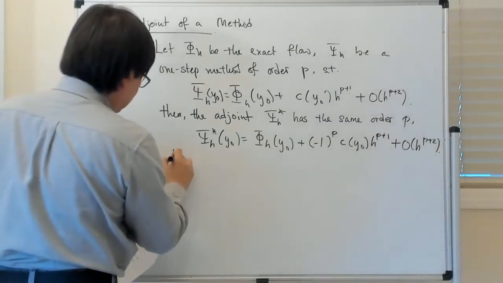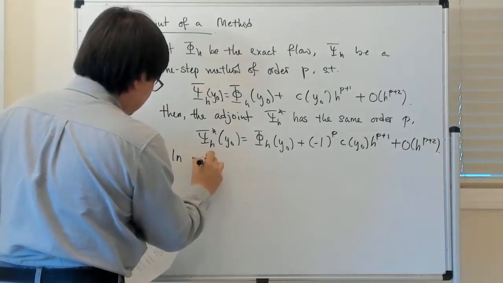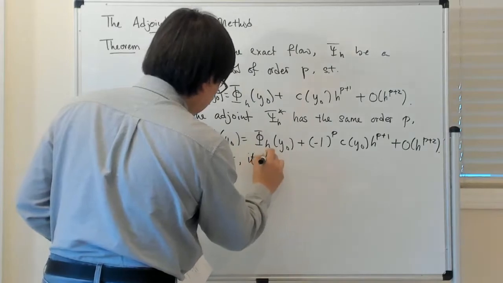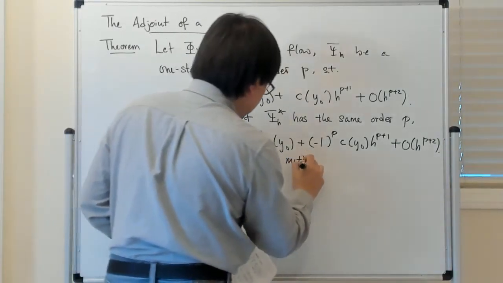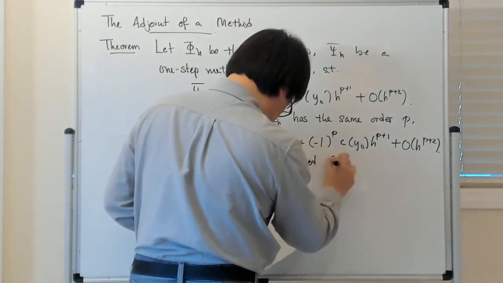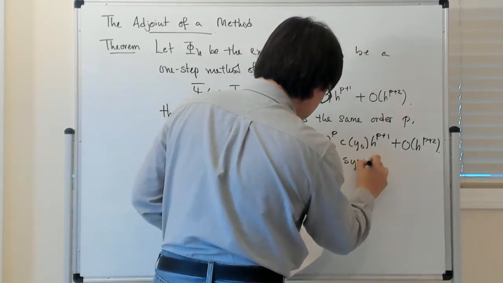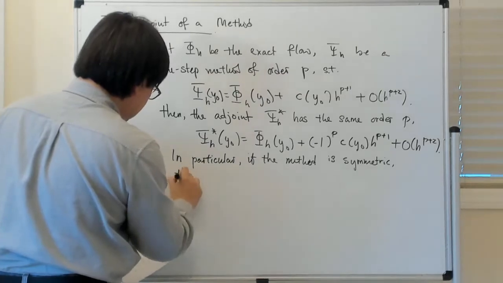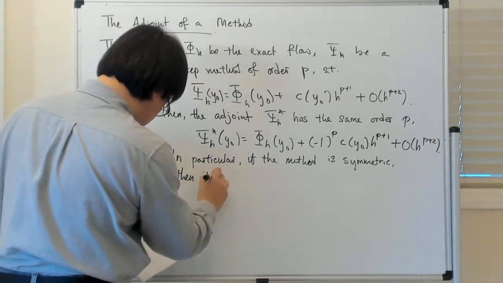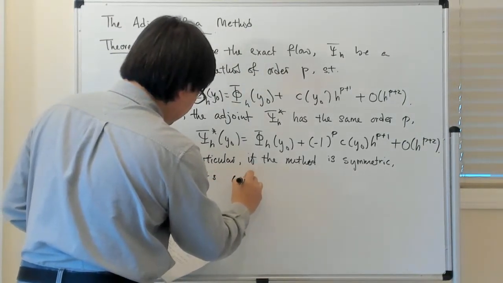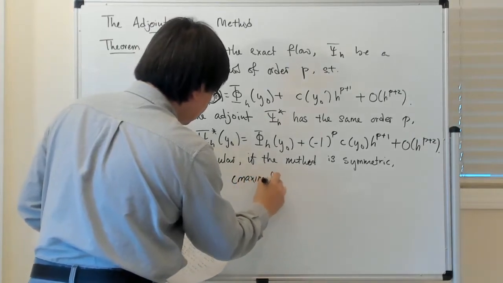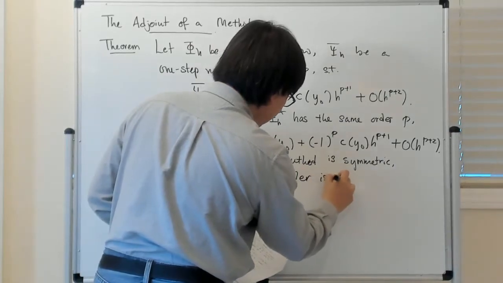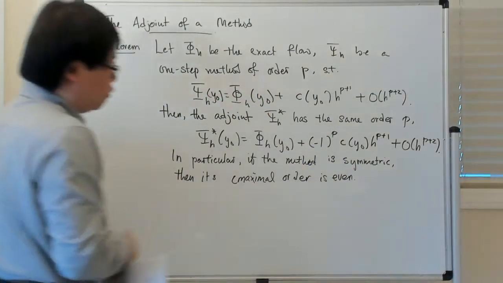In particular, if the method is symmetric, then its maximal order is even. And you might ask, why is that the case?